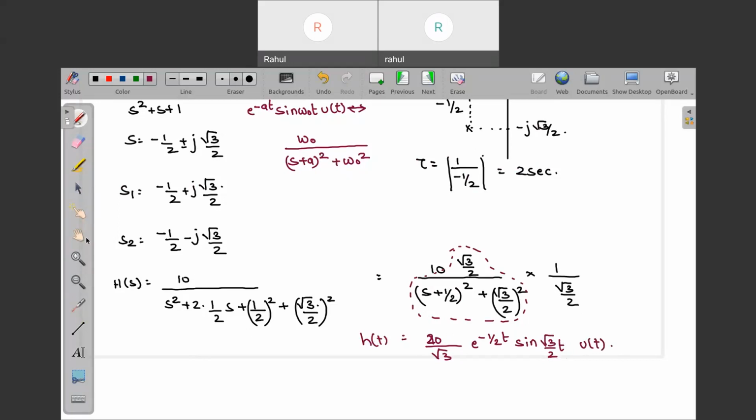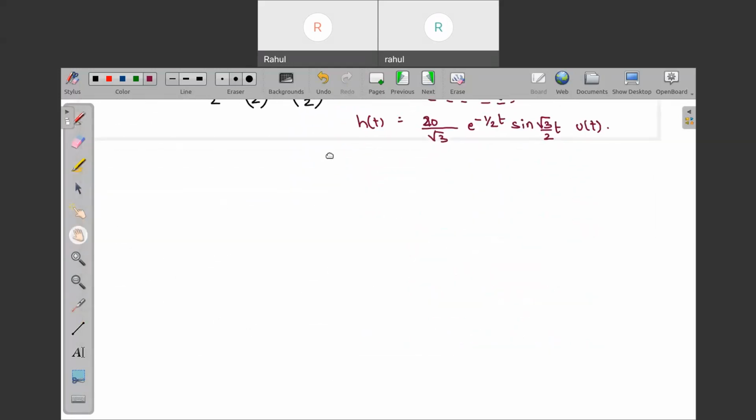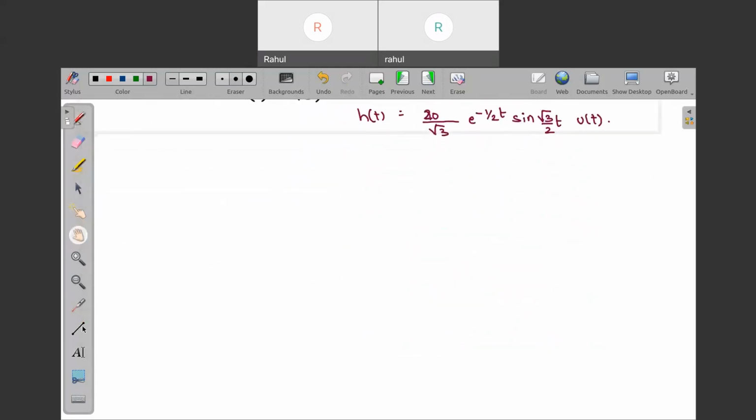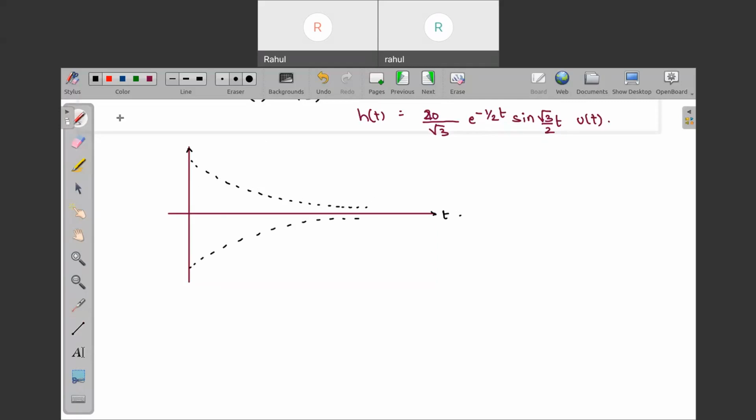Now if you plot this h of t, it will look like this.